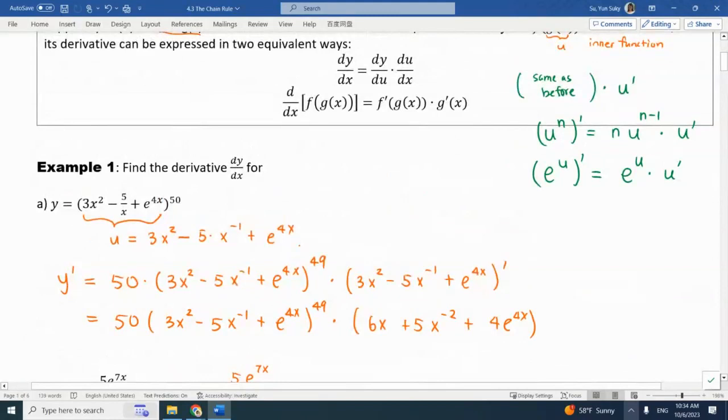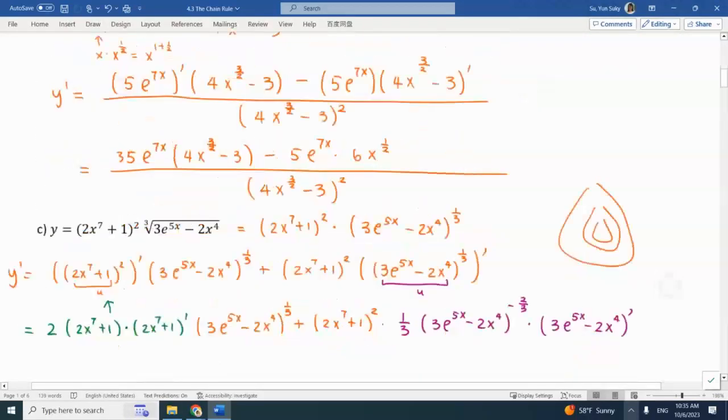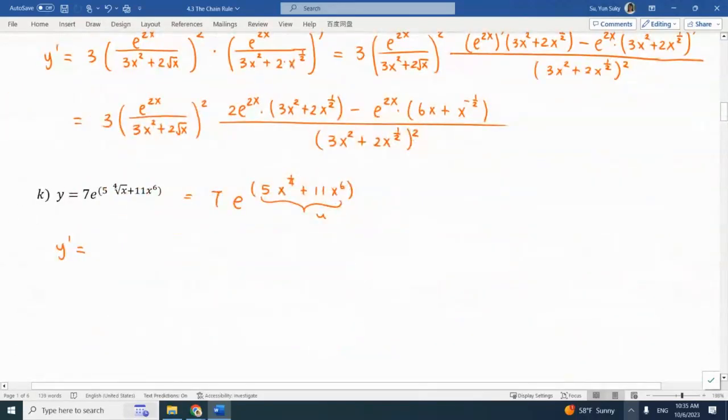E to the u, derivative is e to the u times u prime. So here, what happened with the 7? 7 e to the u, right?